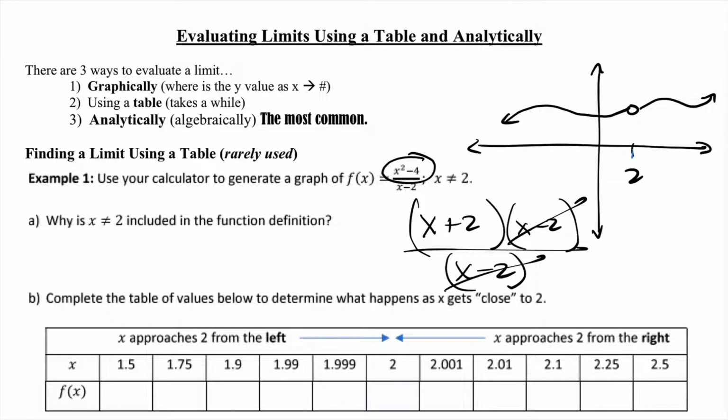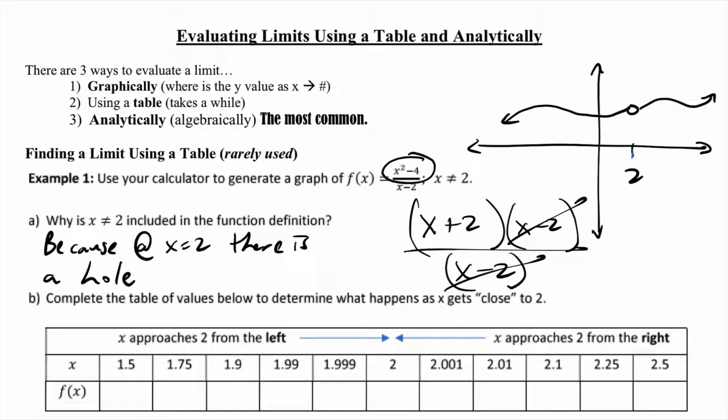So there is no asymptote because once I cancel those out, there's no more denominator, right? So if there's no denominator, it can't be an asymptote. So it has to be a hole. Okay? So it's a hole there. So y is excluded because at x equals 2, there is a hole.